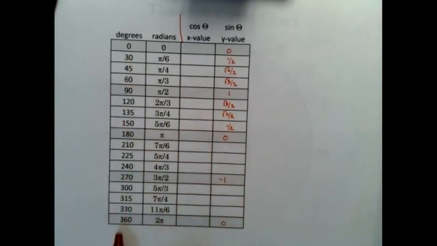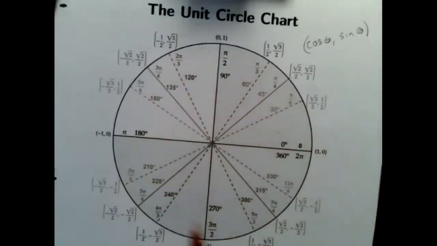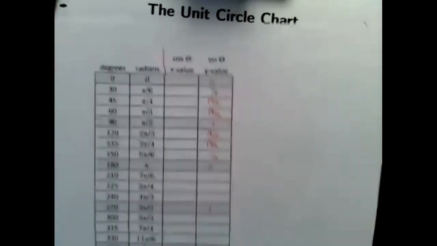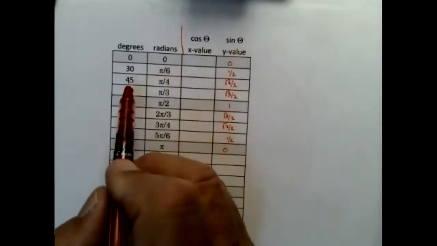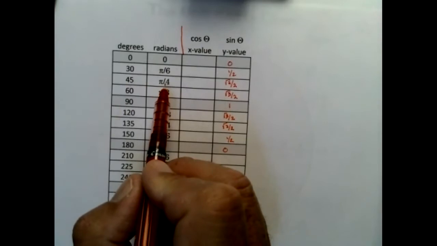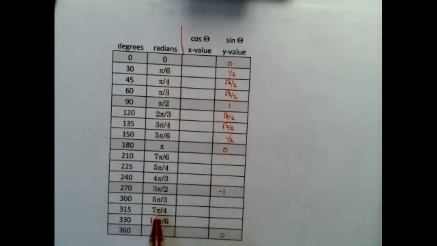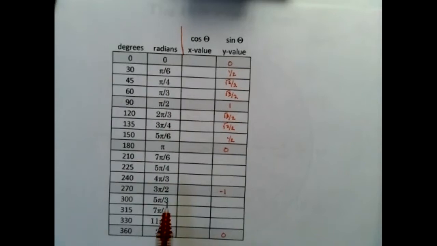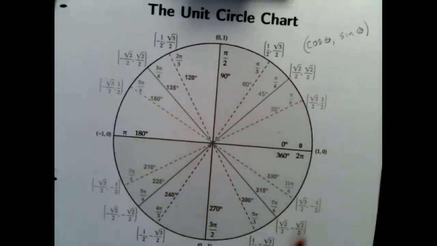So these degree measures are really the same as what's on this chart. And this is a good exercise, because as I put this together, I'm going, 30 is the same as pi over 6. 45 is the same as pi over 4. 60 is the same as pi over 3. So I also included my radian ones. And if we were in a classroom, I probably would have you go through a little bit of this, but we're actually just pulling it right off this chart.